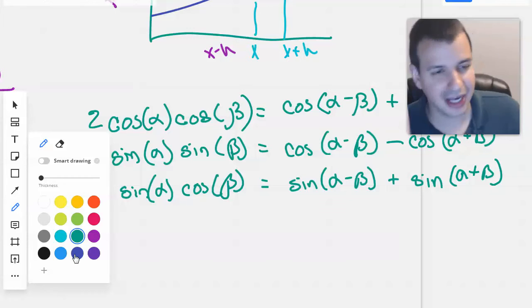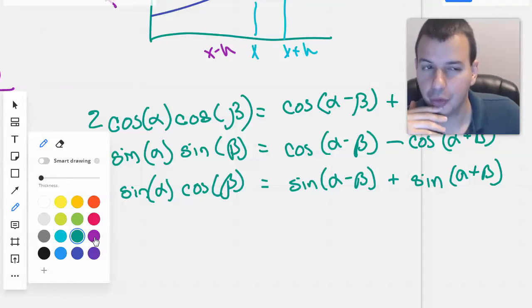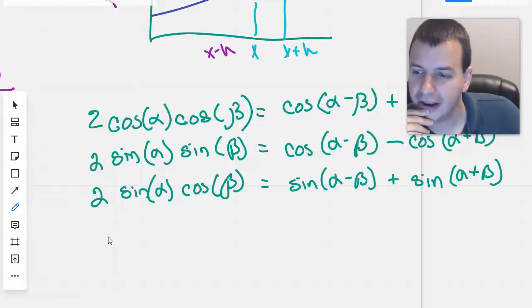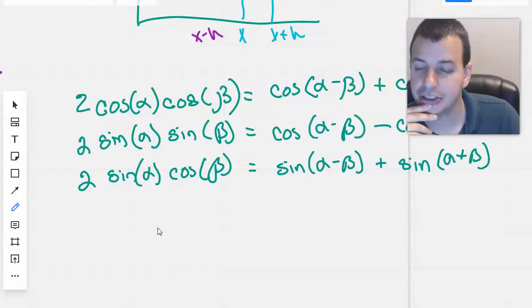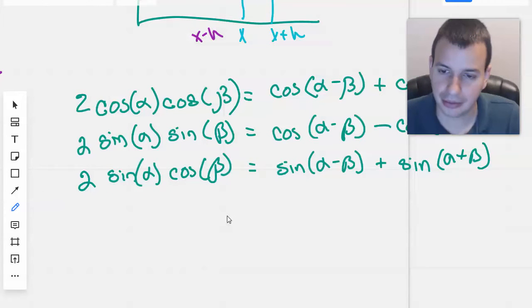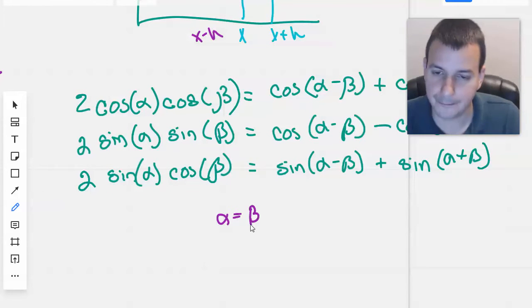So there's kind of sort of an extra one, fourth one, fifth one, I'm not sure. And you will almost never use this. But I'm going to show it to you this time. So you basically say that alpha equals beta, and you say that beta equals negative alpha.